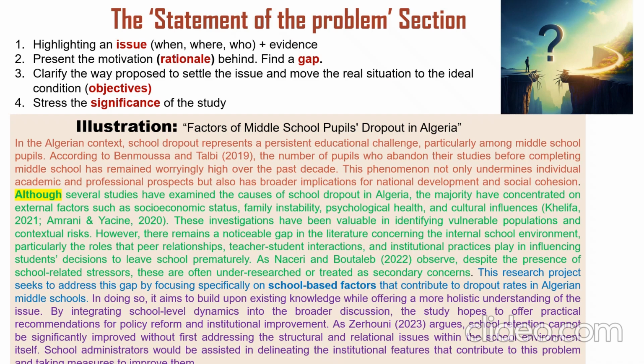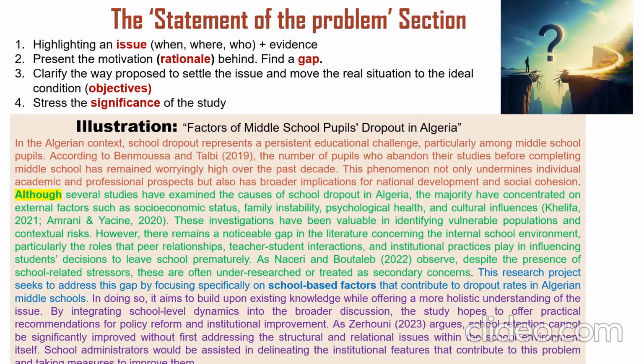So the writer is saying that dealing with such structural issues would help us improve the school retention, which is the opposite of school dropout. That is to say, approaching the ideal situation.